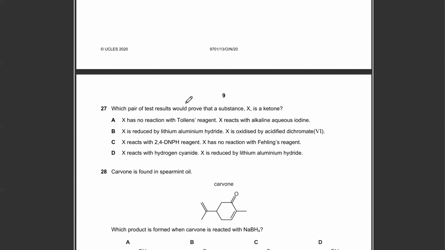Next question, which pair of test results would prove that a substance X is a ketone? C. It's a ketone. 2,4-DNP shows it's a carbonyl, and ketone no reaction, so that's fine.